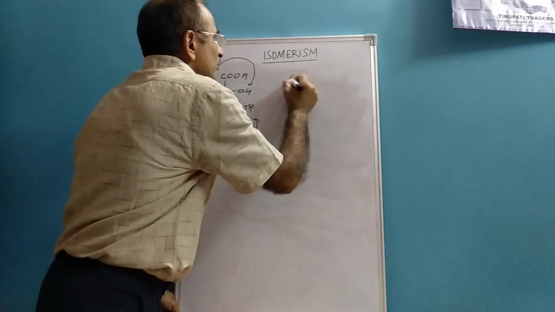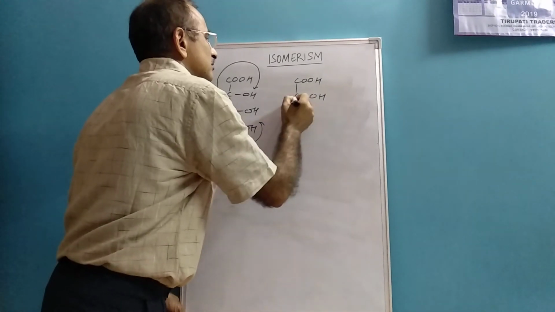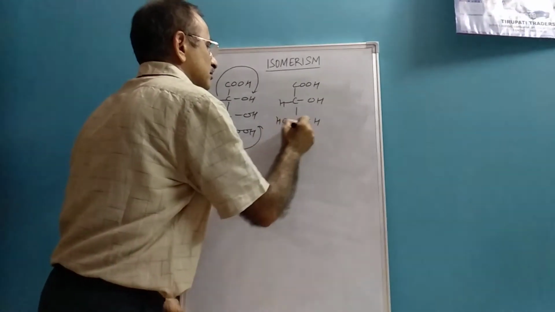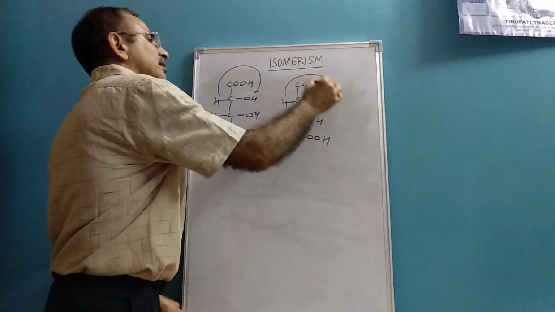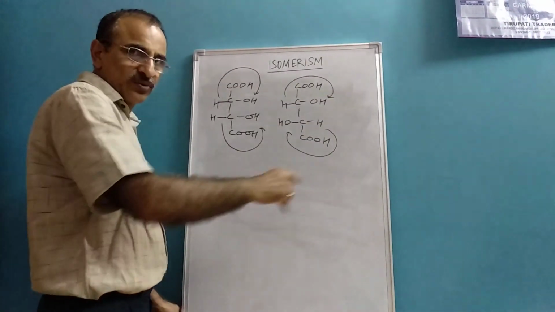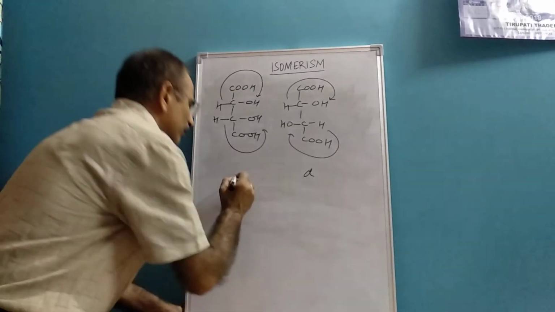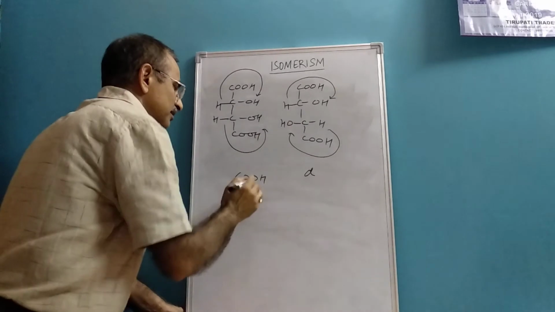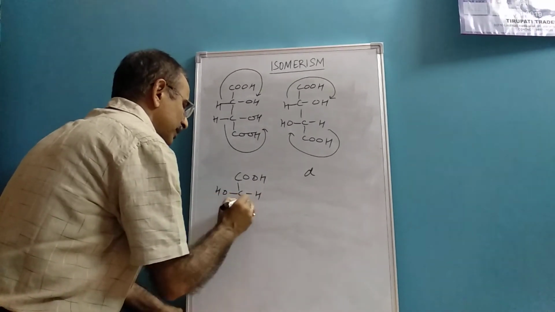But when you are going to observe, let's consider this one. Here, this is clockwise rotation. This is D form. And again, mirror image of this, when you are going to have the mirror image, it will have this structure.